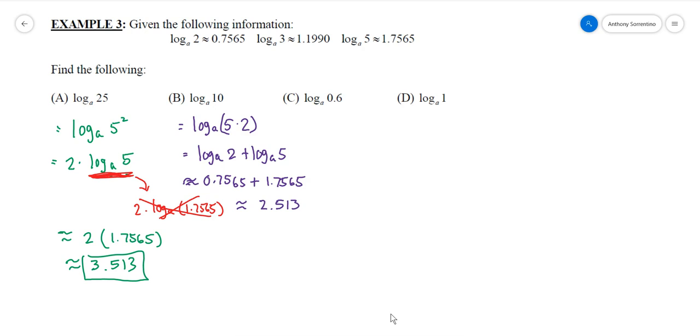Sometimes they get a little tricky with these. For instance, this one here, 0.6. You might say, well, how am I going to do this one? Well, I could say that's the same thing as 6 over 10. I do know a logarithm of 10 base A. But I can even say, in lower terms, this is the log base A of 3/5, because 3/5 is the same thing as 6/10.